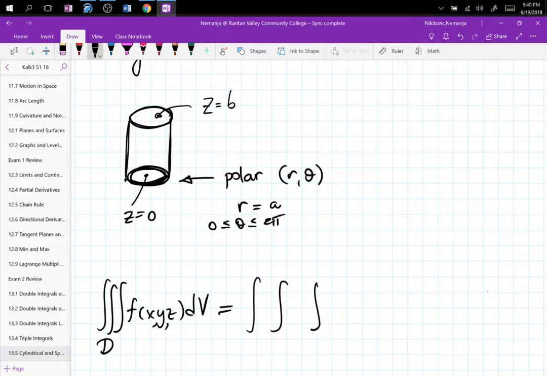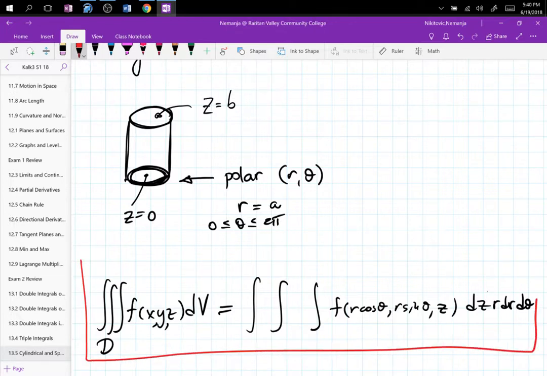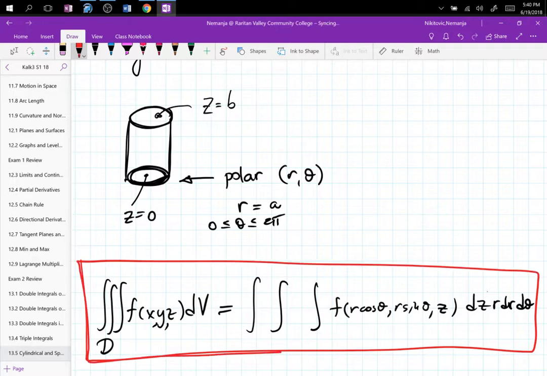So we start with first that your f now is no longer x, y, z, but it has to use the conversion from rectangular to polar. So x is r cosine theta, and then r sine theta, and then z. And then we have dz first, r dr d theta. I still have to put the limits in, but this is the formula.